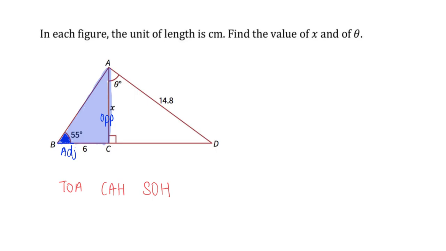So, with O and A, which of the 3 trigonometric ratios should I use? Yes, tangent. So I'm going to make use of the tangent ratio of 55 degrees to help us solve for x. O divided by A, so it's x divided by 6. From here, I will be able to get the value of x. I'm going to multiply 6 on both sides of this equation.